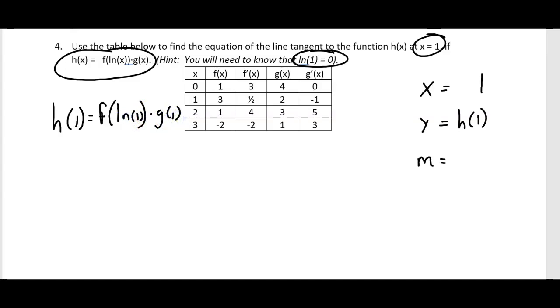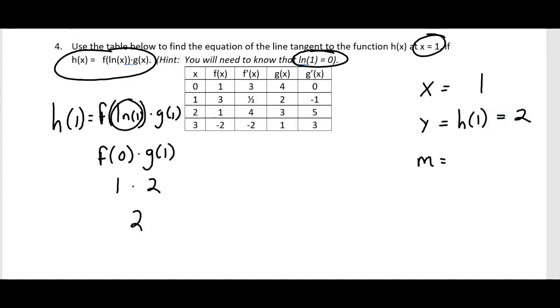And as I mentioned in the directions, ln of 1 is 0, so we can just replace that with 0 now. f of 0 is 1. g of 1 is 2. I'm getting that from the table, and therefore I have 2 as my answer there. So h of 1 is equal to 2.